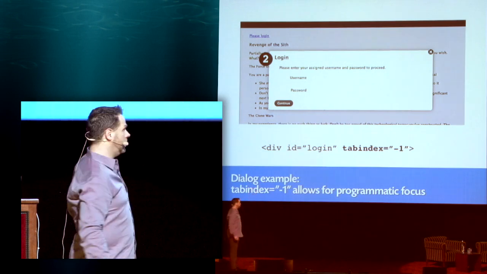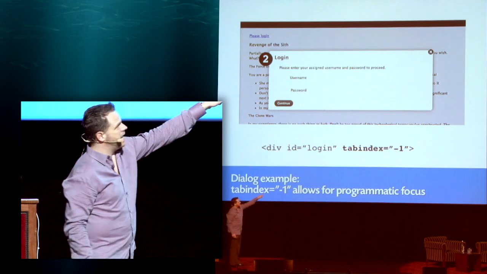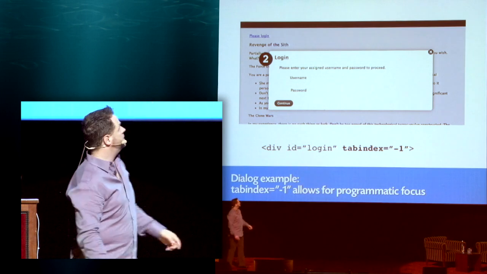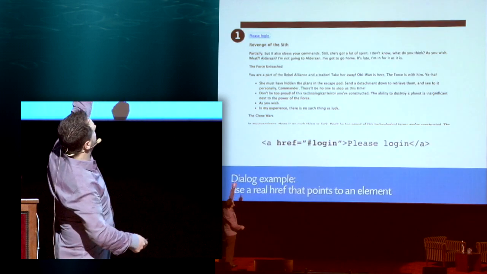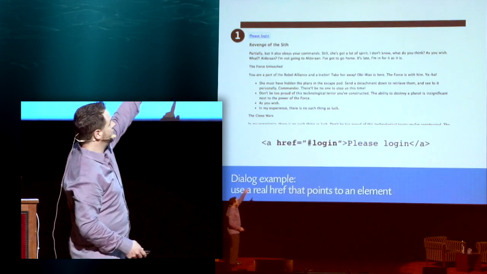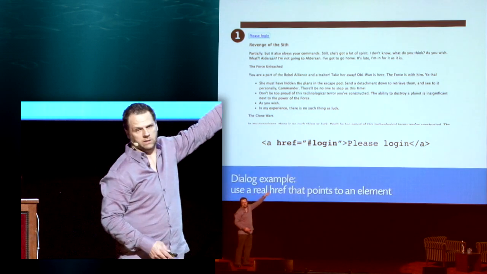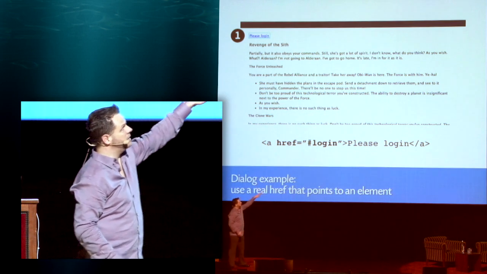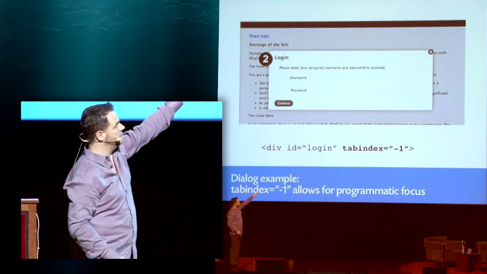So we use a technique where we put a tab index of -1 on that div, and if you take a look, I'll move back here, the href on that link is actually href equals #login, and that href points to an element in the page, and it points to that div.